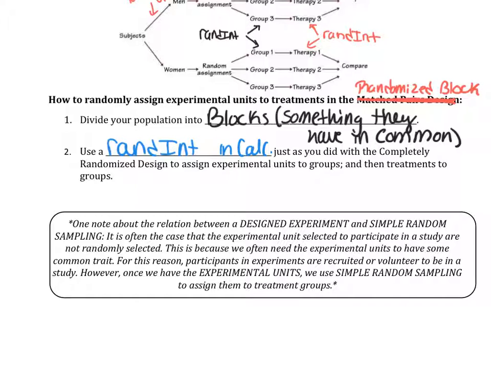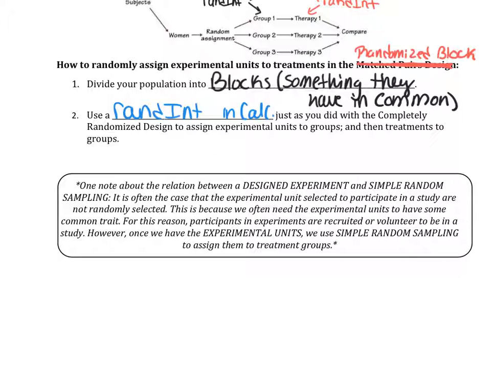Like if we're testing a drug to see how it affects depression, then the people in your experiment have to have depression in order for that to be a valid experiment, so it can't always be random. So for this reason, participants in experiments are recruited or volunteer to be in a study. However, once we have the experimental units, then we can use our randomness to assign them to groups and assign them to treatments. So it's a little bit different how the random comes into play.